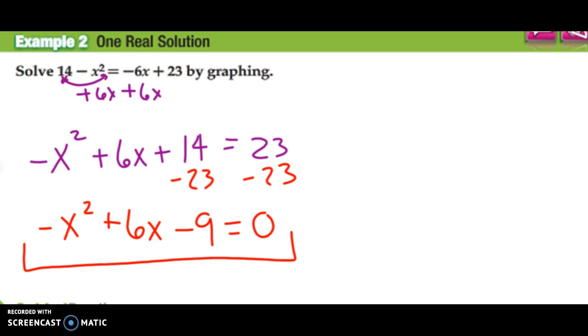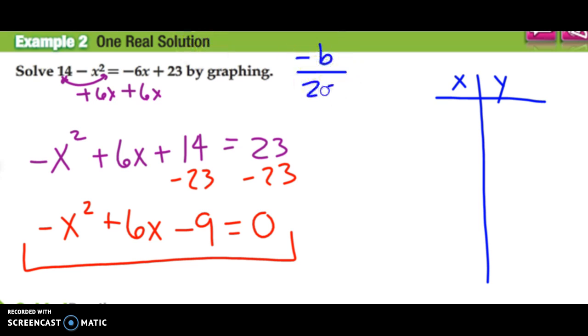And so if I want to find what my solution is, I'm going to make my table of values. And then I can graph it. Okay? Well, I don't know where to start, so I'm going to find my axis of symmetry to find where my vertex is. So negative b over 2a. In our case, our b is 6.